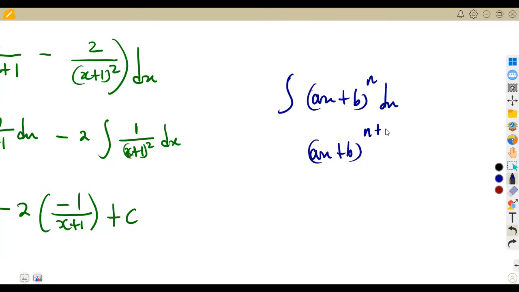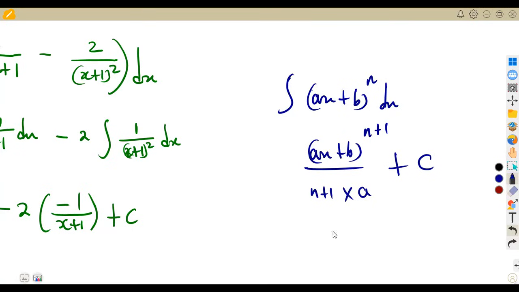Remember, integration, we add, so it's going to be over n plus 1 times the derivative of this ax, which is a in this case. So that was our formula that we had in our N5. So this is exactly what we have.